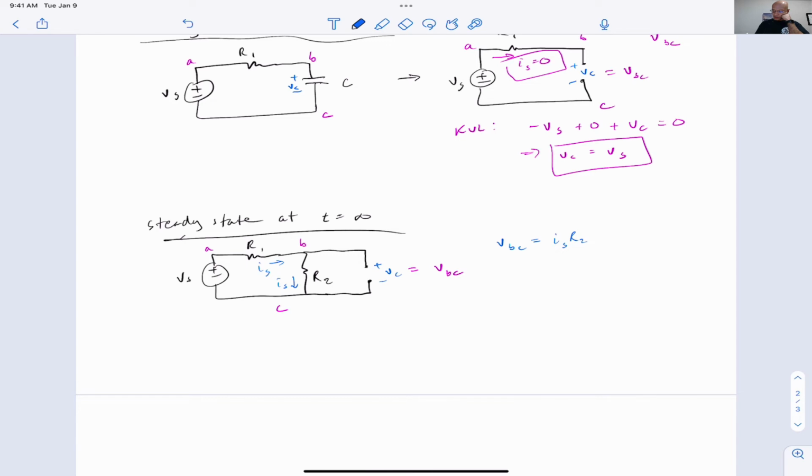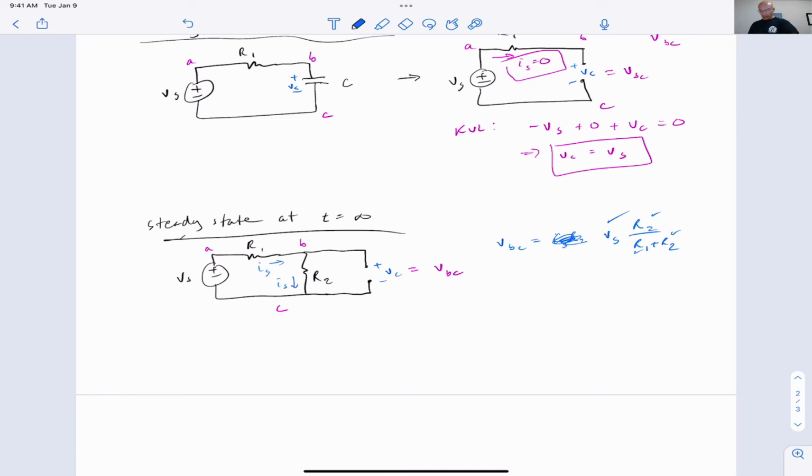Actually, an easier thing than this, right? We don't know IS at this point, but we can just use a voltage division because R1 and R2 are in series. So we'll put here Vs like this. So if we know Vs, we know R1, R2. That's enough to get us Vc.